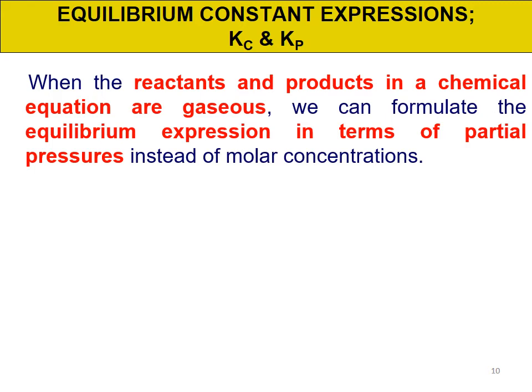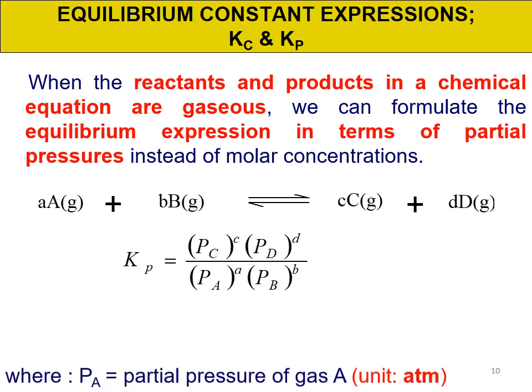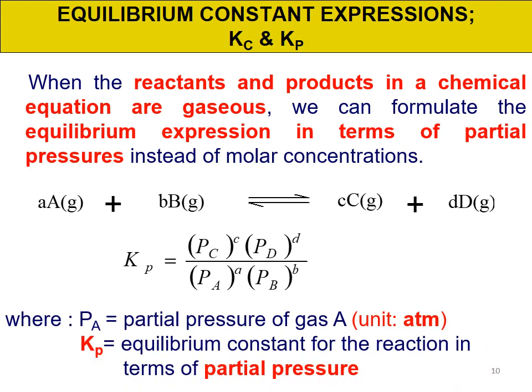When the reactants and products in the chemical equation are gaseous, we can formulate the equilibrium expression in terms of partial pressures instead of molar concentrations. For example, the Kp expression for this chemical equation is the partial pressure of C raised to the power of c multiplied by the partial pressure of D raised to the power of d, divided by the partial pressure of A raised to the power of a multiplied by the partial pressure of B raised to the power of b.